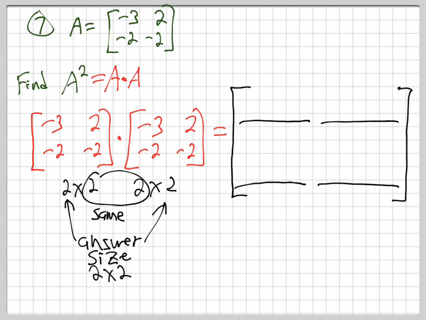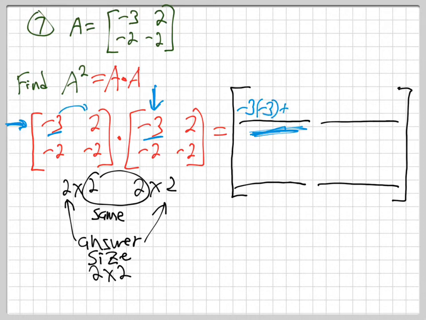Okay, let's do it. So you know how it works. On the left one, we start going left. On the right one, we start going down. Now notice I'm starting on the upper row, left column. Upper left. So that means what I'm doing will go in the upper left. So here we go. Minus 3 times minus 3, plus.